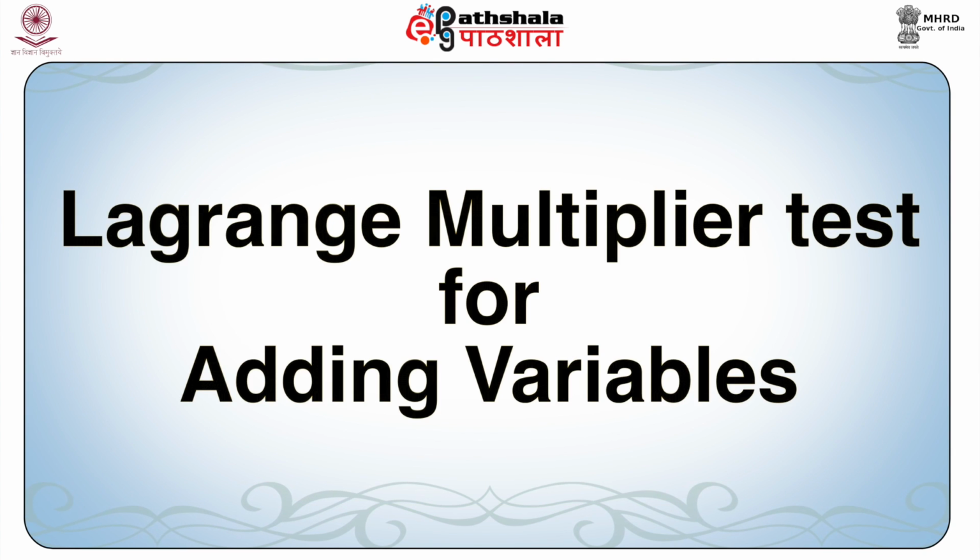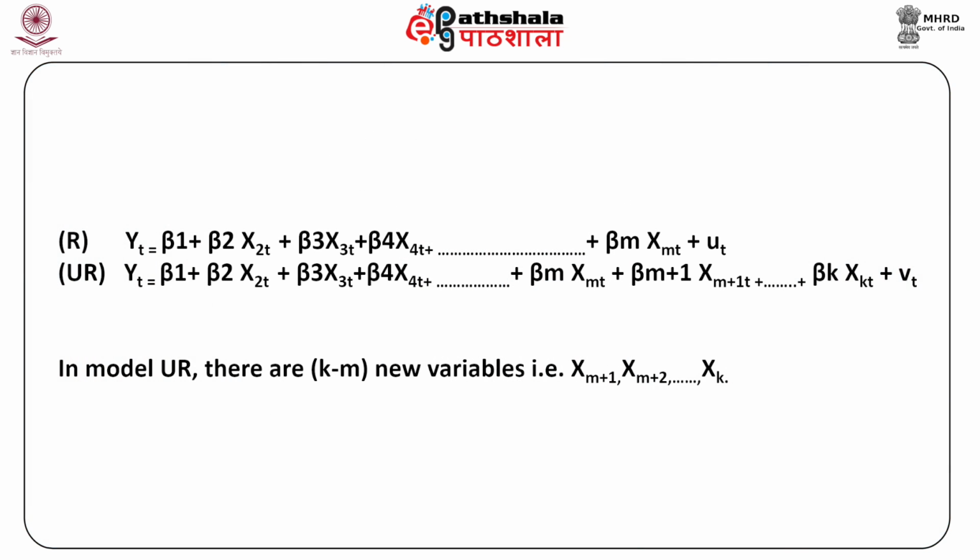Lagrange multiplier test for adding variables. The LM test is used when the researcher wants to know whether additional variables should be included in the model or not. Consider the following restricted and unrestricted models, for example. Restricted model: yt is equal to beta 1 plus beta 2 x2t plus beta 3 x3t plus beta 4 x4t till beta m xmt plus mu t.